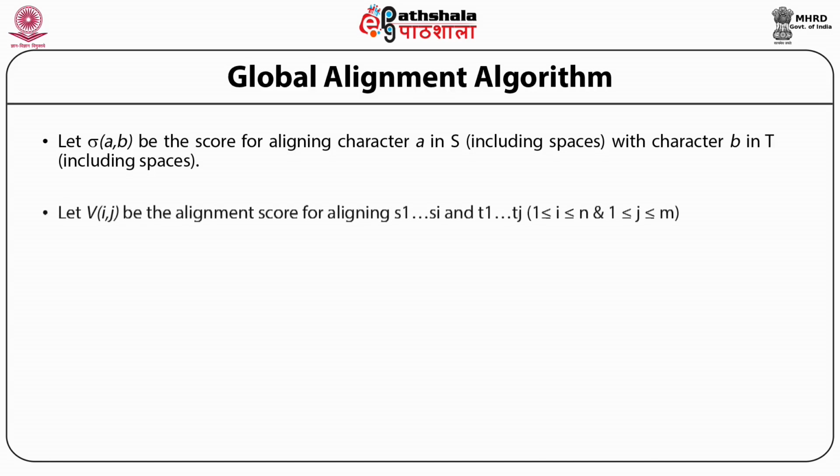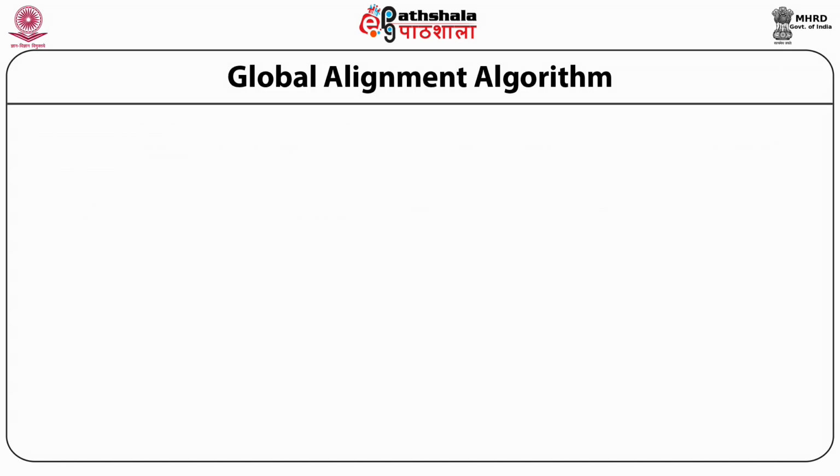So the alignment score will be defined like this: V(i,j) is the alignment score of aligning S1 up to Si and T1 up to Tj. Of course, i must be between 1 and n, and j must be between 1 and m. Now, given that I have sigma(A,B), what we do in the Needleman-Wunsch algorithm is that for both the sequences we add a 0 position.